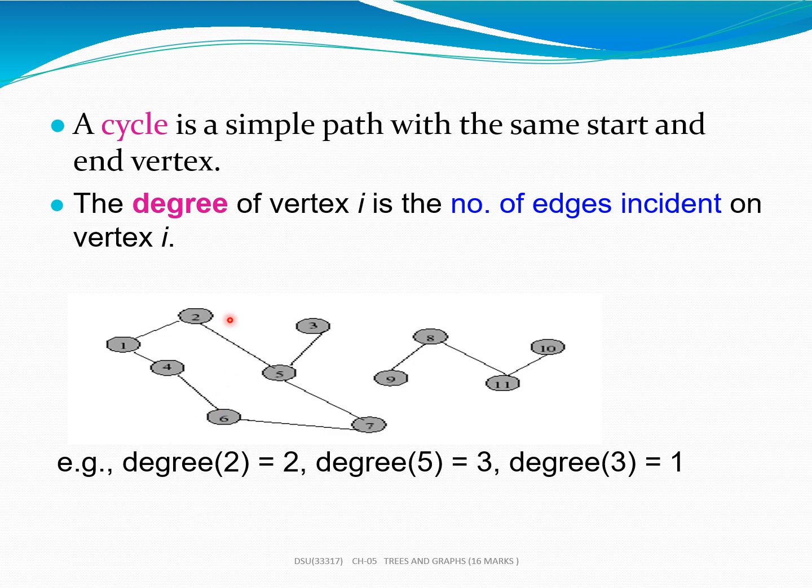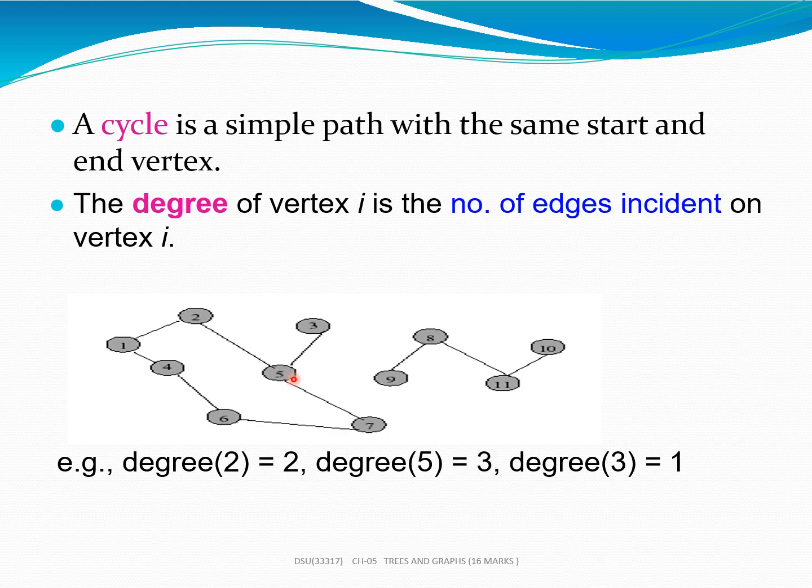For example, degree of 2 is 2 because 2 to 1 and 2 to 5, these are the two edges from this vertex. Then degree of 5 is 3 because 5 to 2, 5 to 3, 5 to 7 are the edges from this vertex. Degree of 3 is 1 because there is only one edge from 3 to 5.